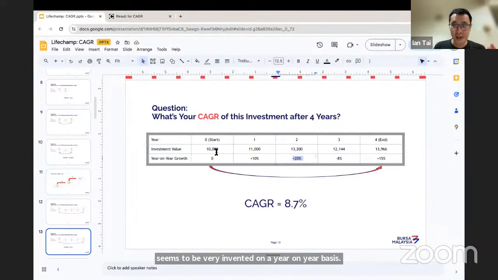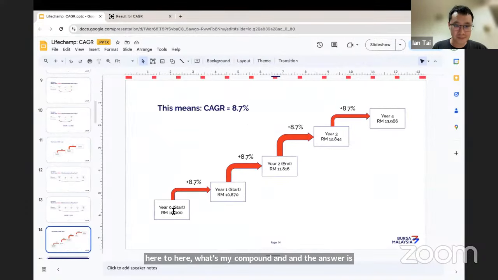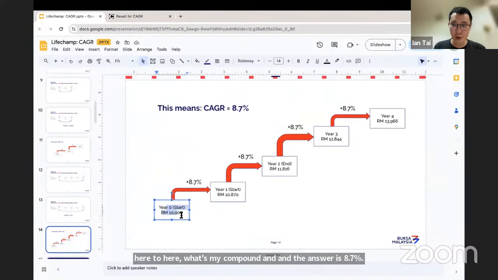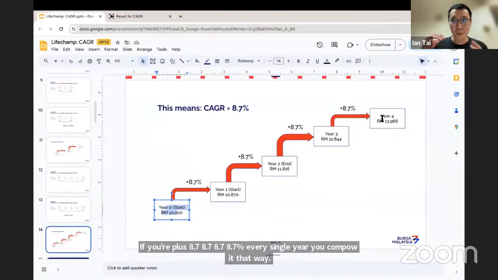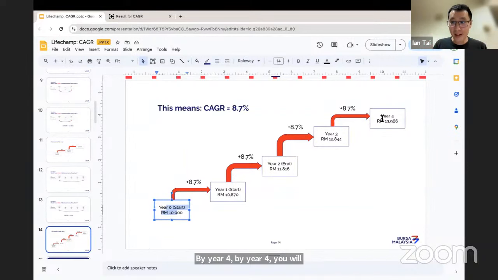So CAGR is actually calculated to see overall from here to here, what's my compound annual growth rate? And the answer is 8.7%, which also means starting from year 0, which is 10,000, if you plus 8.7% every single year, you compound it that way, by year 4, you will be ending up with 13,966 ringgit.